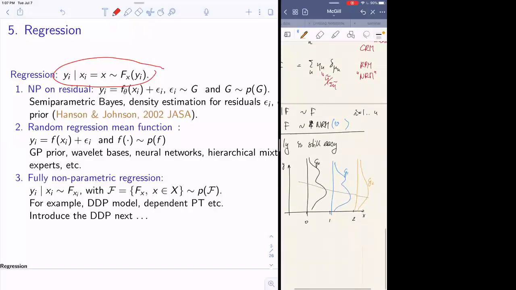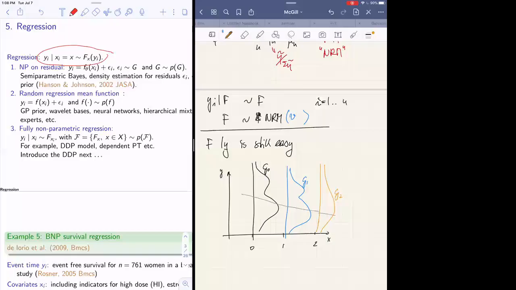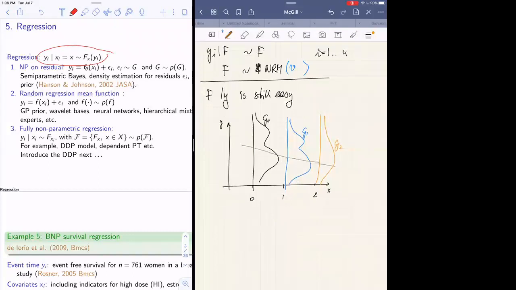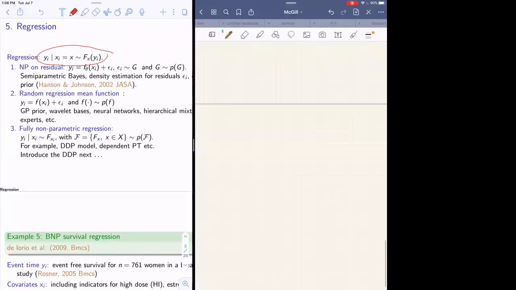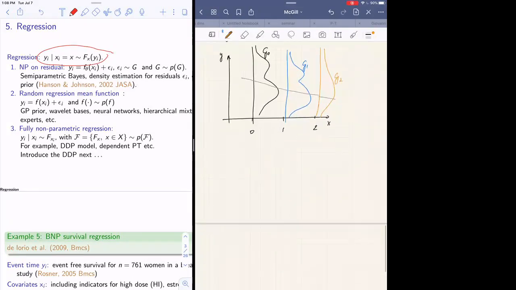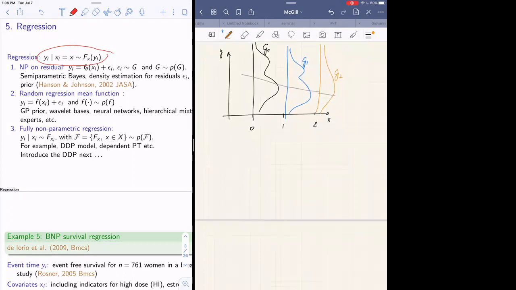In the extreme case, there are now 3 different levels at which we can play that game. In the extreme case, let me go back to the picture here. We could assume that each of these distributions all look the same, and they're just shifted. Let's do that in red.